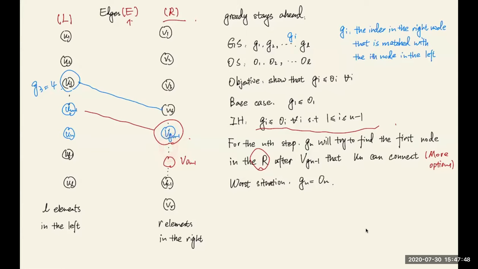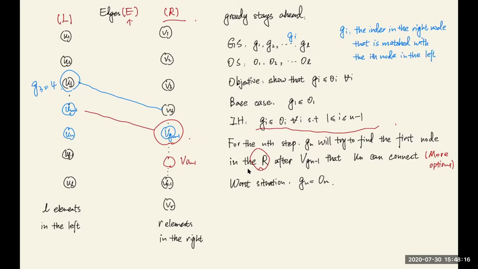For the worst situation, we will choose exactly the same step as other strategies, but we have some other options here. Just wait a second. So O of I is kind of similar to G of I. G of I is the index in the right node that is matched with the ith node in the left using the greedy strategy.